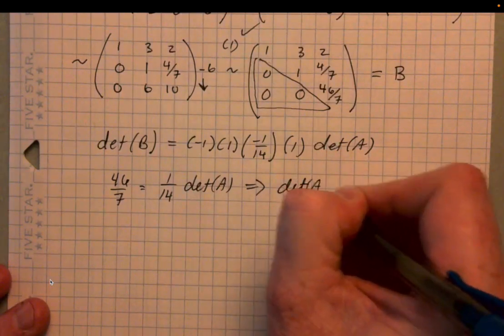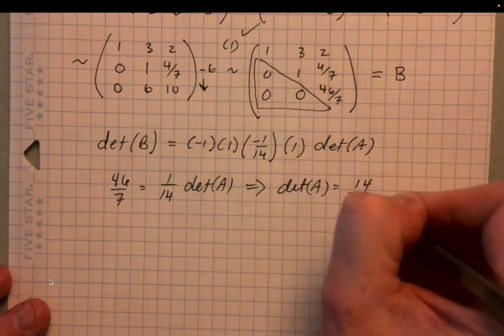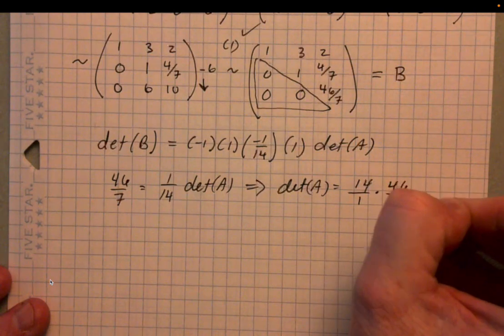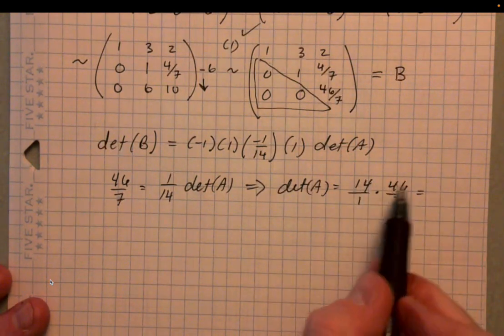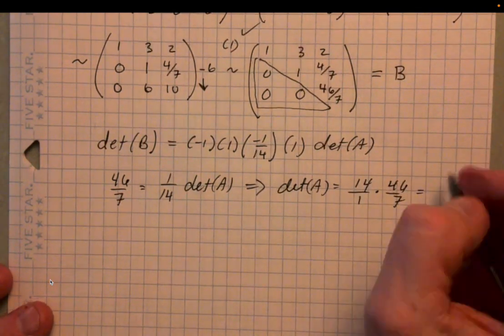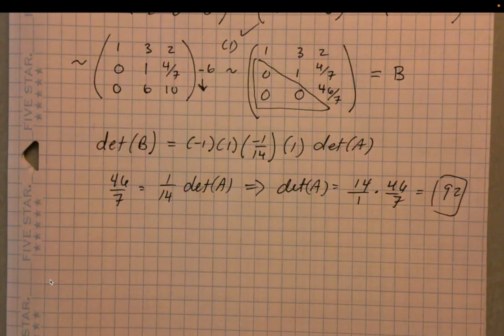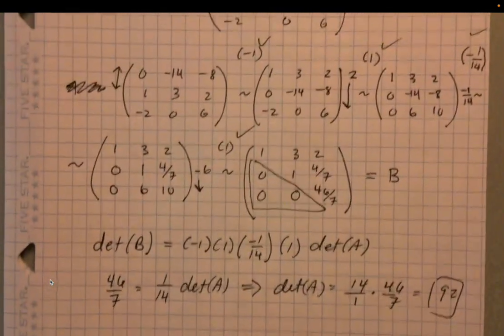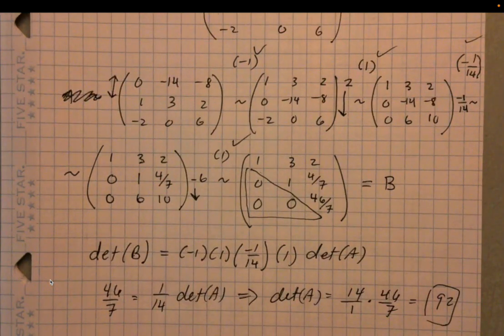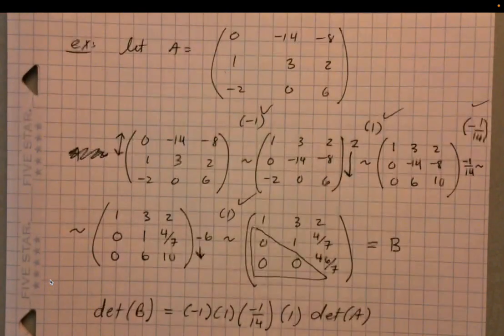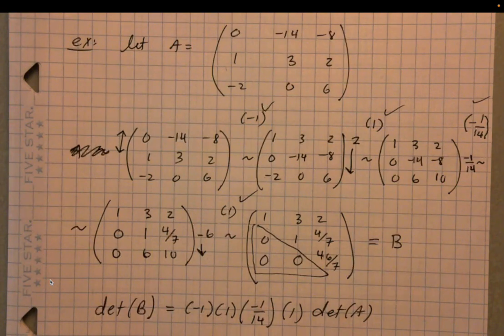So determinant of A is equal to 14 over 1 times 46 over 7. And so this would be 2 times 46, which is 92.